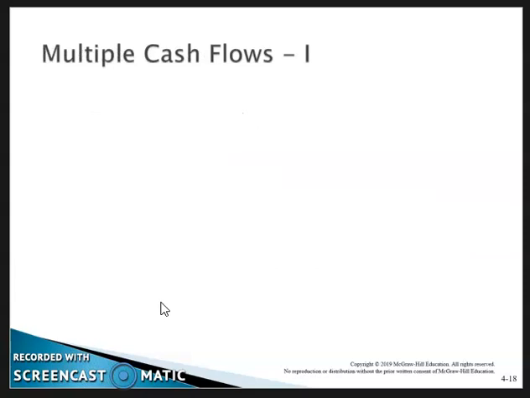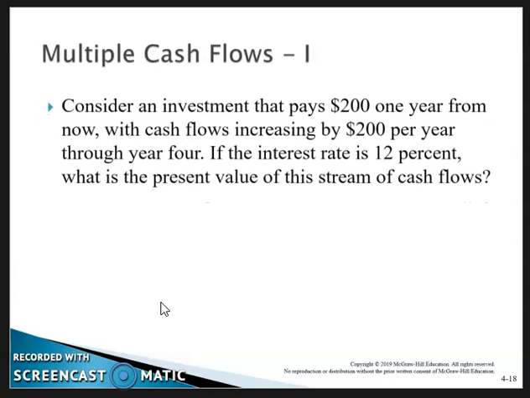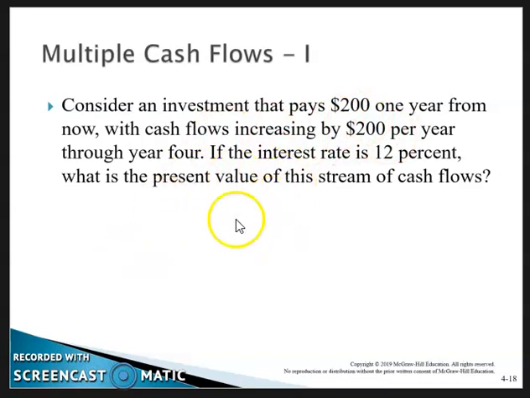So, multiple cash flows. Consider an investment that pays $200 1 year from now, with cash flows increasing by $200 per year through year 4. So that's 4 payments annually. What we're talking about is called an ordinary annuity. Ordinary means the payments are made at the end of the year.